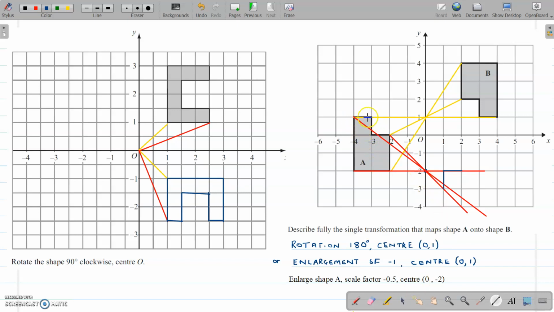Well, this is 1 square across, but it's going to become half a square across when it gets down to here. So it's going to end up being like this point here, halfway between here and here and down here. So that stops there, which is half a square between these two.